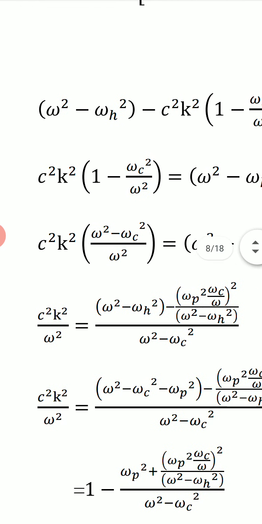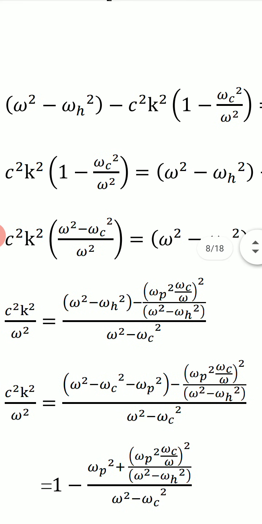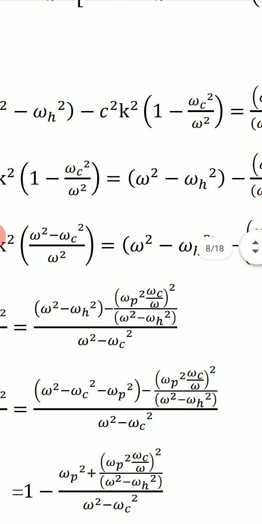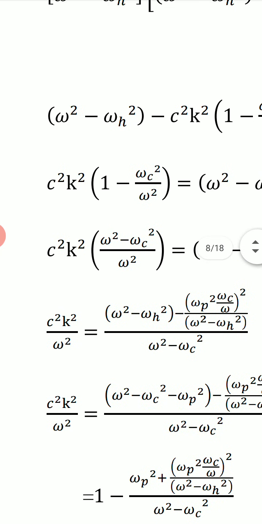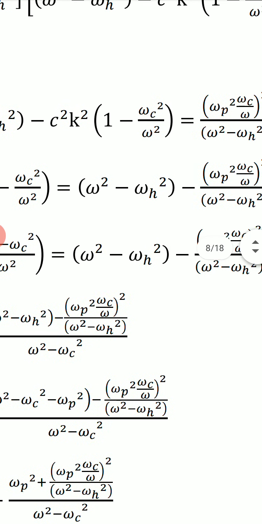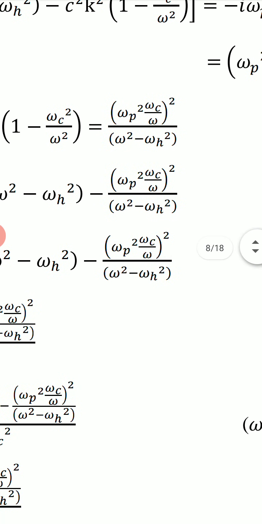So we write plus c square k square into 1 minus omega c square upon omega square equal to, this is the first term of left hand side, omega square minus omega h square, and now this right hand side term we bring into the left hand side, so it becomes negative.